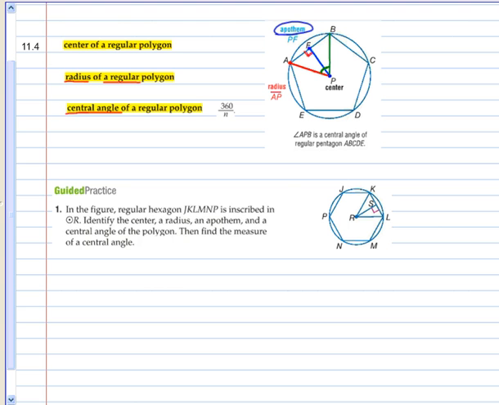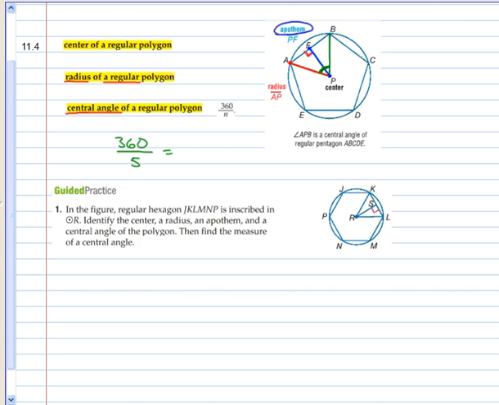Well, if you went all the way around the center, how many degrees have you gone? 360. So if I take 360 and divide it by, how many pieces on this polygon would I divide that 360 by to figure out that one? 5. Because if I made central angles going to these vertices, 1, 2, 3, 4, 5, I have 5, one for each side. So we could divide it by 5.